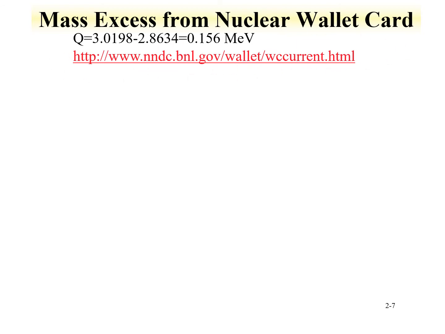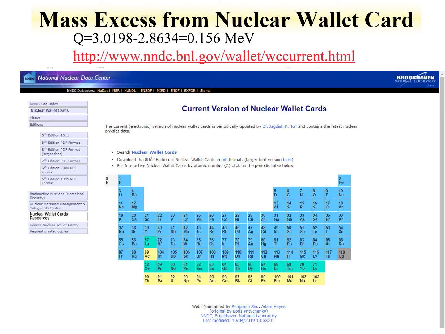I'll show you what that would look like if you were to go to this website and click on it. You would find a periodic table that would pull up. Find carbon and nitrogen as they are shown here, and click on them in series. So you would select carbon, get the data, select nitrogen, then get your data.